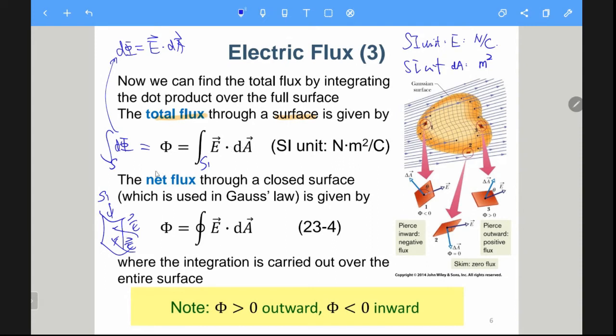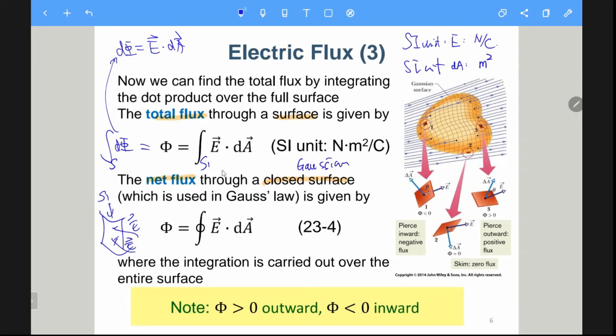And the second definition is the net flux. To define the net flux, we need a closed surface, which is used in Gauss's law, and usually in the textbook it is called a Gaussian surface. So it's given by this one.